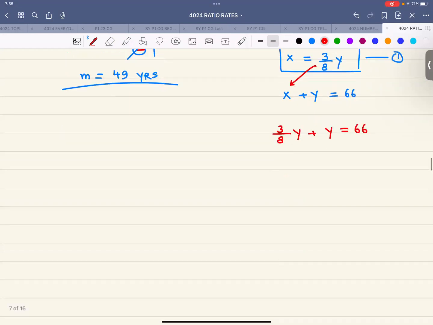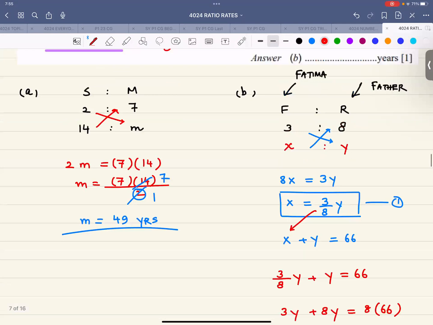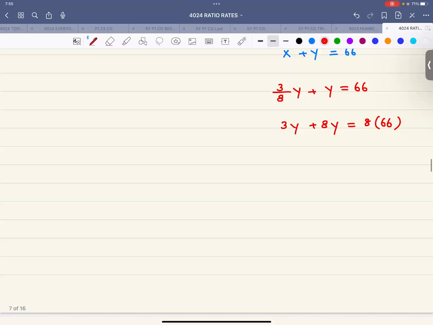Multiply by 8. So therefore 3y plus 8y is equal to 8 into 66. Now it's not necessary that I multiply it out because this is a paper 1 question, so I should refrain from using the calculator. This is 11y equals 8 into 66.